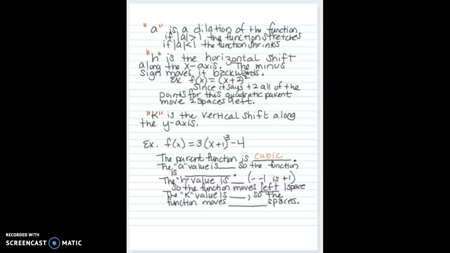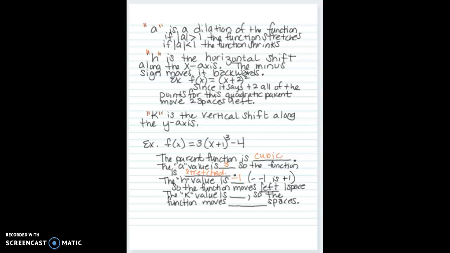Okay. The a value is what value? Okay, hopefully you said 3. So the function is, well, 3 has an absolute value greater than 1, so the function is stretched. Okay. The h value is negative 1, because a negative 1 is a plus 1.